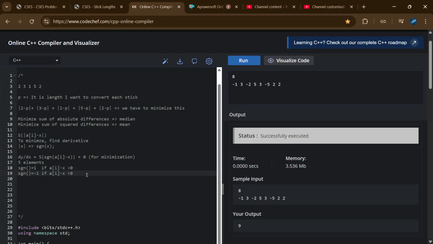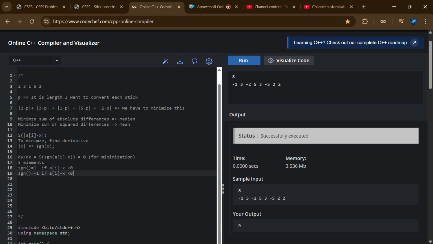It's a normal signum function. I want this to be 0, so I want equal numbers of +1 and -1.